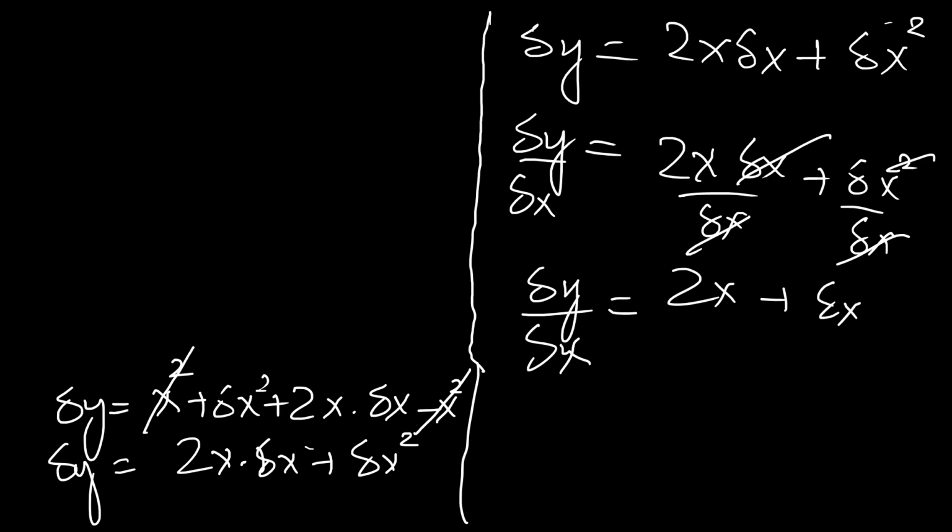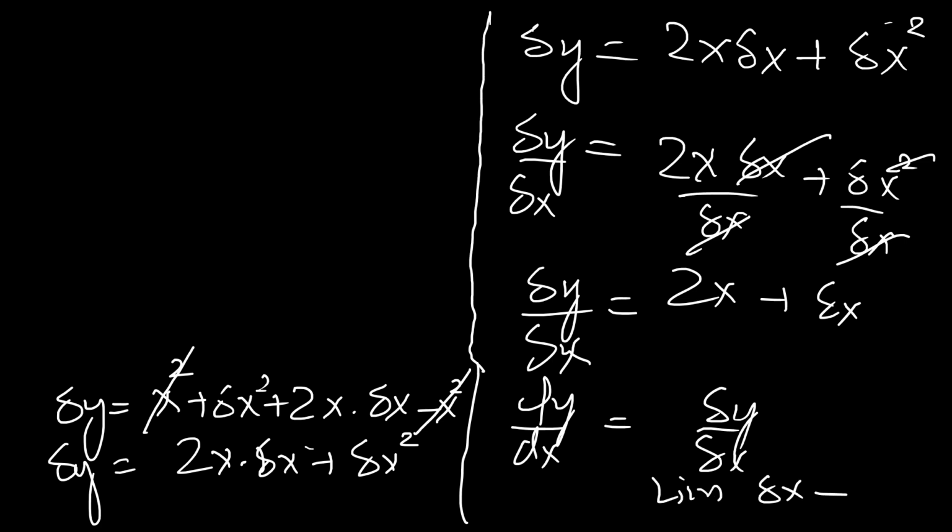Okay, now we want to find the derivative, and by definition of derivative we know that the derivative of a function, dy by dx, is equal to partial y by partial x where the limit partial x tends to 0. So okay, it is a rate of change when the change is very minute.